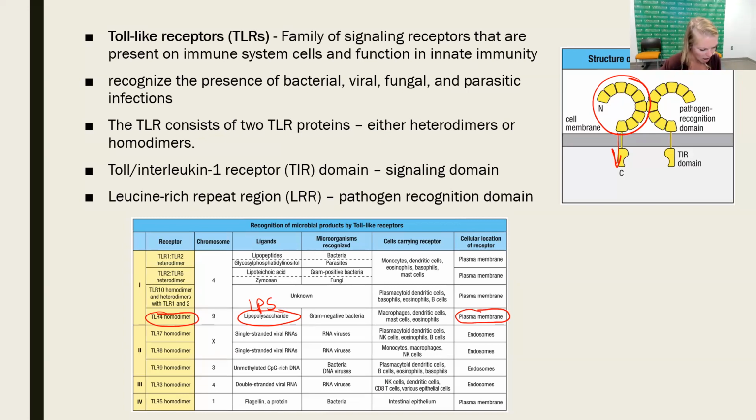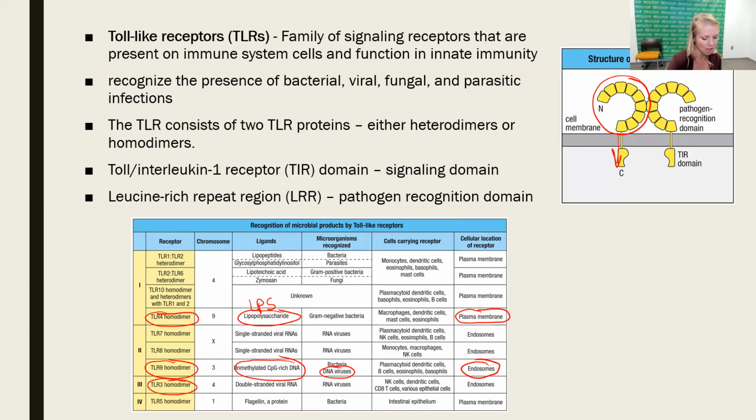Some of the other ones that we talk a lot about is TLR9, another homodimer. This recognizes the cytosine guanine-rich DNA, which is commonly found in bacteria and some DNA viruses. And because these are going to recognize DNA viruses, which are going to be intracellular pathogens, they're located in the endosomes.